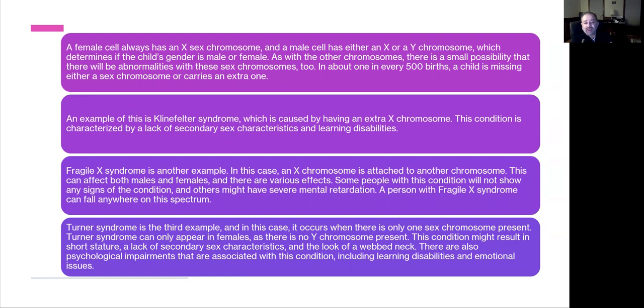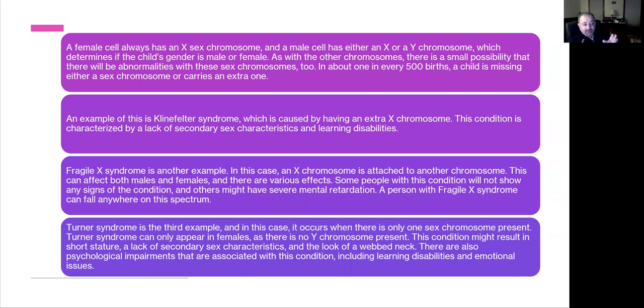A person with Fragile X syndrome can fall anywhere on that spectrum. You may or may not have the signs, and could have some serious mental retardation. Turner syndrome is the third example.